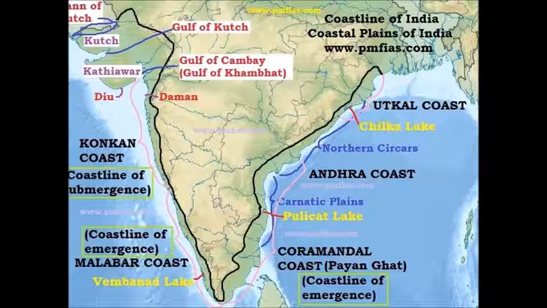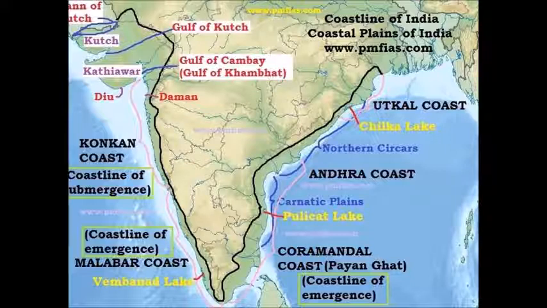The eastern coastal plain. The plain along the Bay of Bengal is wide and level. Compared to the western plain, the eastern plain is wider and more level. In the northern part, it is referred to as the Northern Circars. Locally, different names are used here as on the western coast.